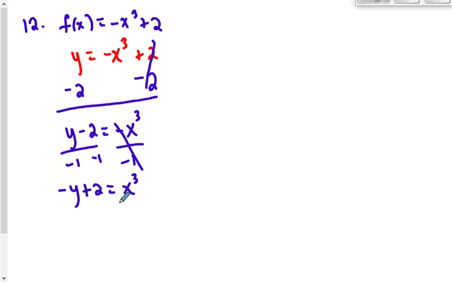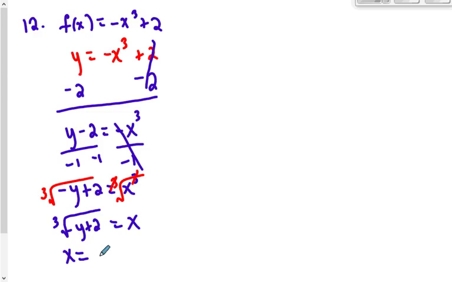And then what do I do? Take the cube root of both sides. On the right side, the cube root and the cube cancel. And I get the cube root of negative y plus 2 equals x. Flip that over, and you have x equals the cube root of negative y plus 2.